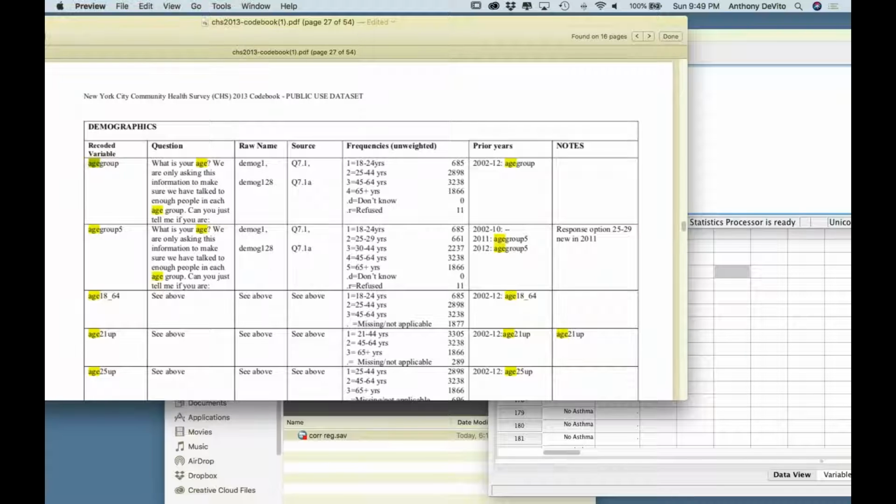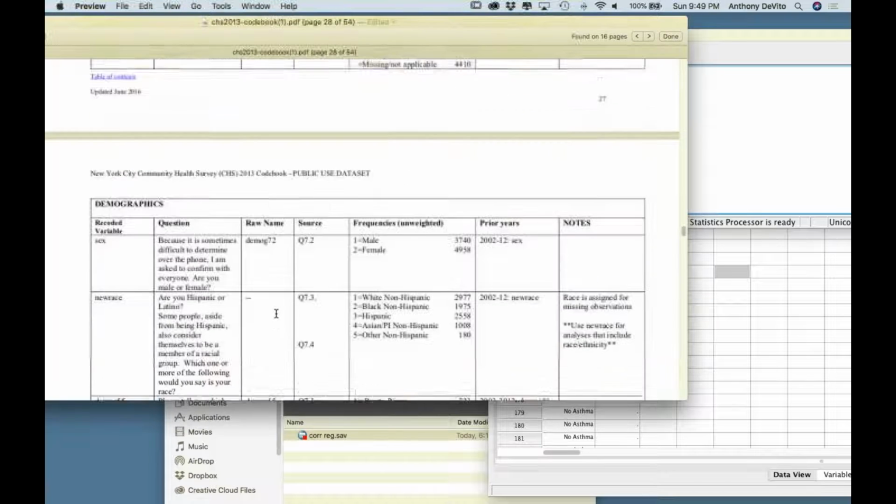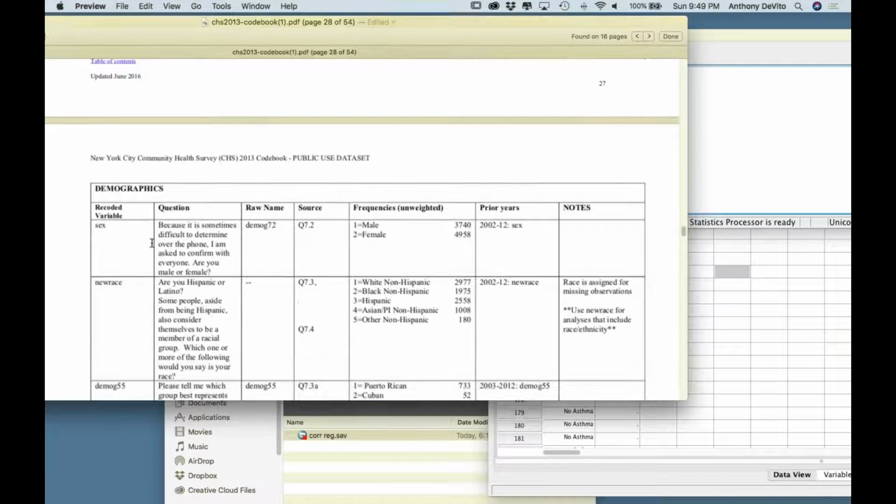I think there is an age group, age. Here's sex. Let me grab that one while I'm here.